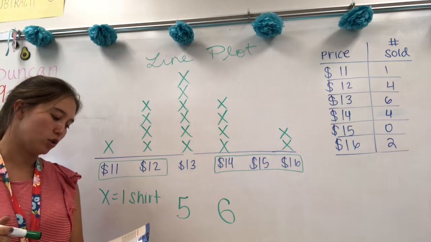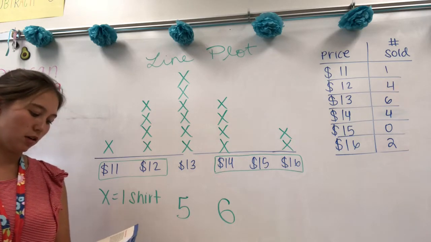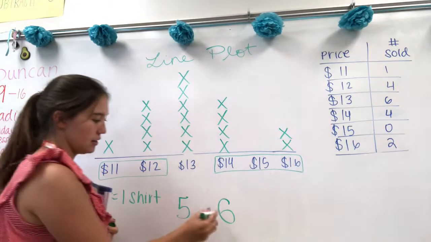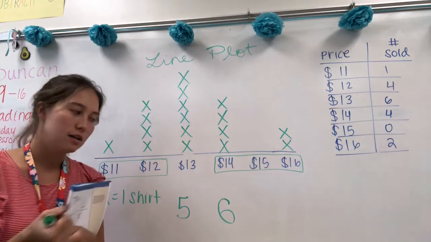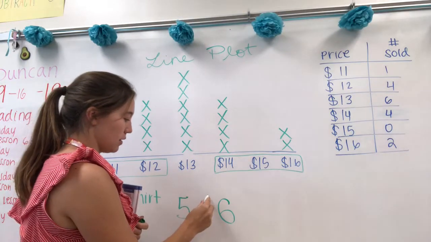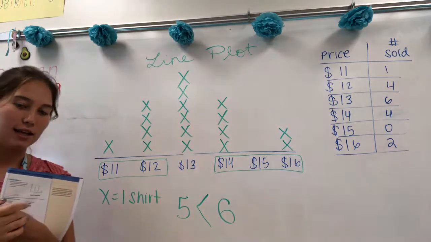It says were more shirts sold for less than $13 or more than $13. So my answer is going to be more than $13, right? Because I know that 6 is greater than 5. How I'm going to explain my answer is I'm going to show 5 and 6 and the comparison between them, which is that 5 is less than 6.